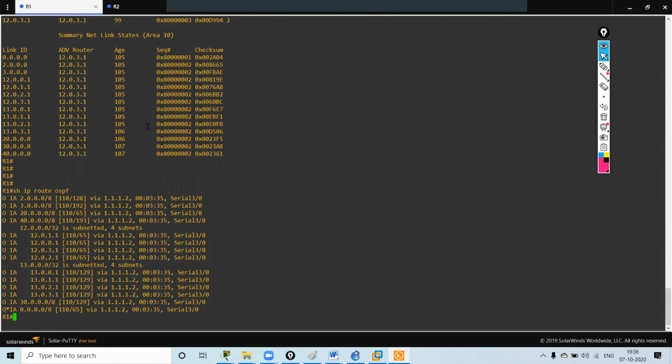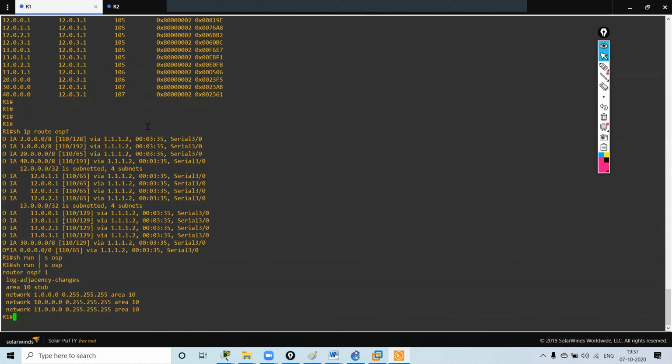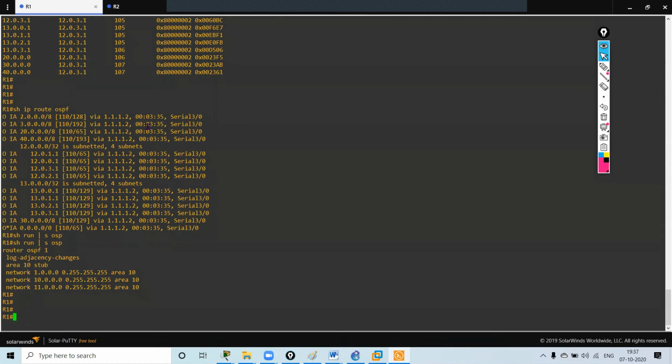Still I am getting O IA routes. Show run pipe section OSPF. Okay, so still I am getting O IA routes over here. You can see.